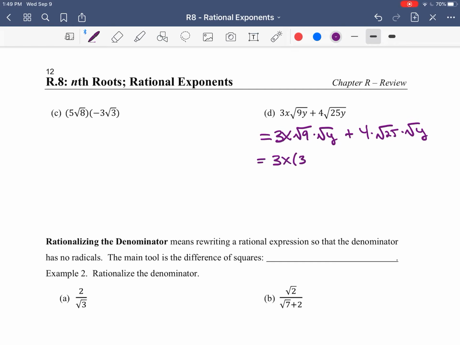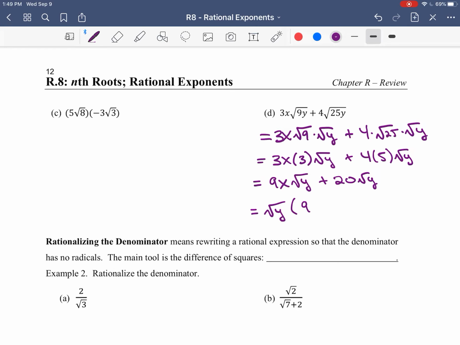So this is 3x times 3 times root y plus 4 times 5 times root y. So 3x times 3, that's 9x. Oops, I missed the root y. So times root y plus 20 times root y. And then if I want, I could factor out the root y, and it would be 9x plus 20. So I can simplify so that I don't have any nice squares inside my square root.